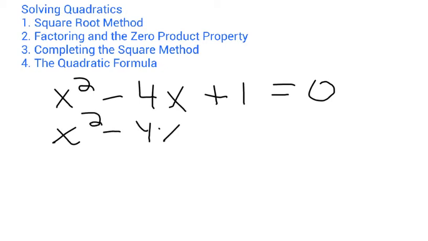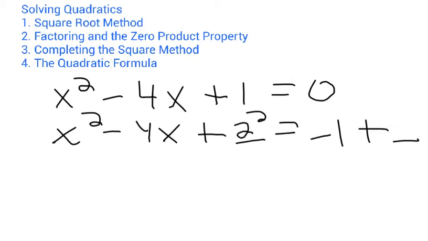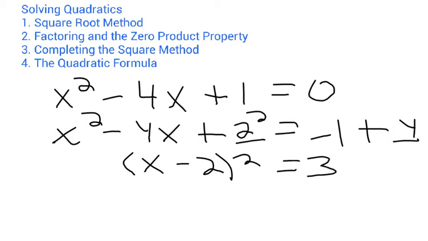I like to put a space for the term that completes the square, or gets me that perfect square trinomial. The negative 1 goes on this side, plus the space on this side. To complete the square, I take half the middle term, in this case 4, and I square it. Over here I put the number 4, and this becomes (x minus 2) squared equals 3.